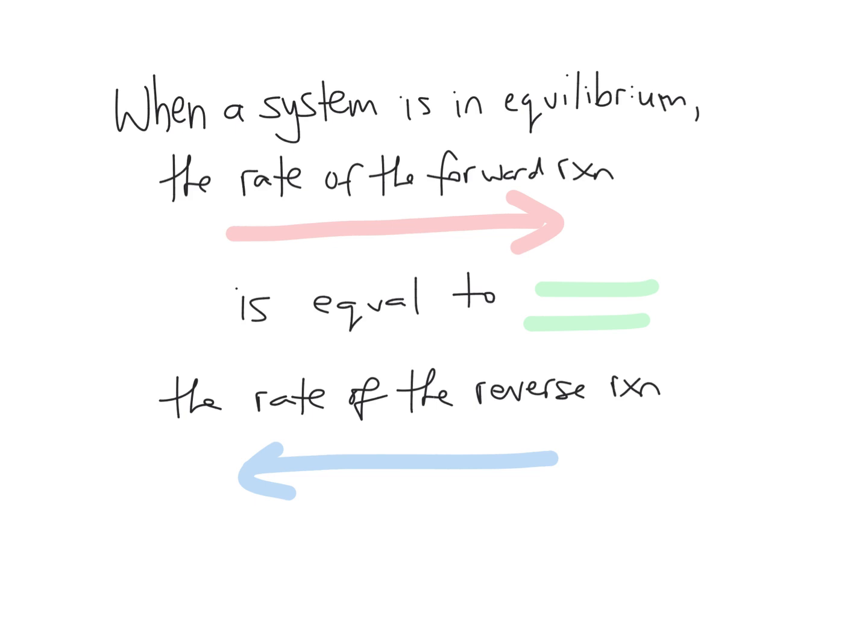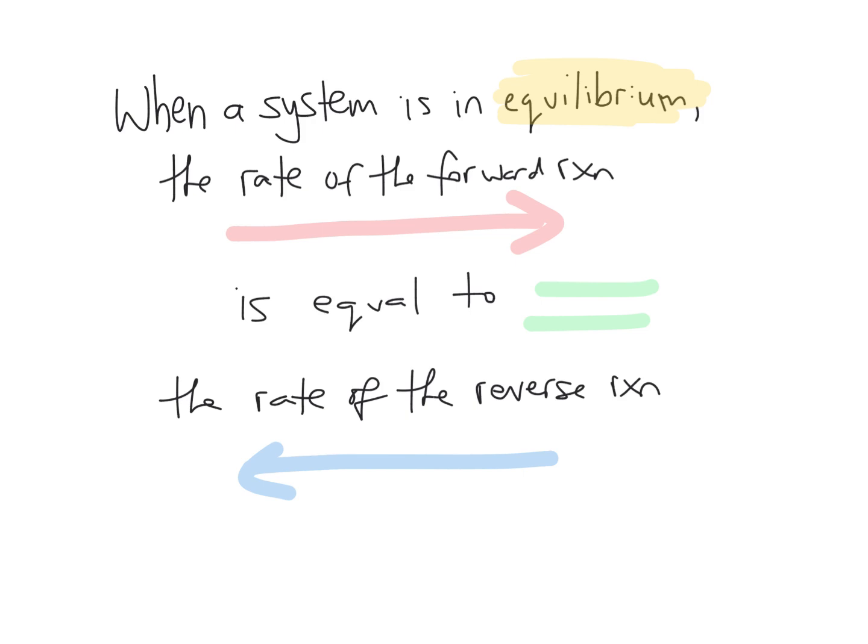So what it means for a system to be in equilibrium, okay, is that technically the rate of the forward reaction is equal to the rate of the reverse reaction. So we'll look at what kind of conditions can lead to a chemical equilibrium being established, and what are some features of a system that is at chemical equilibrium.